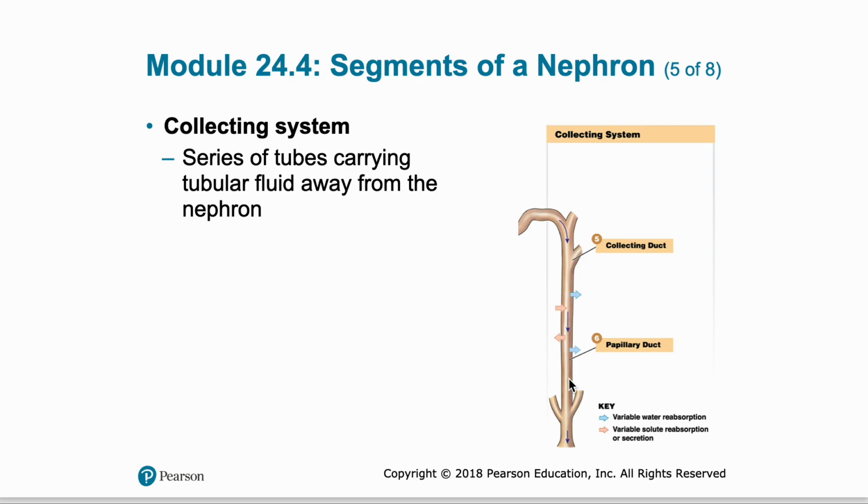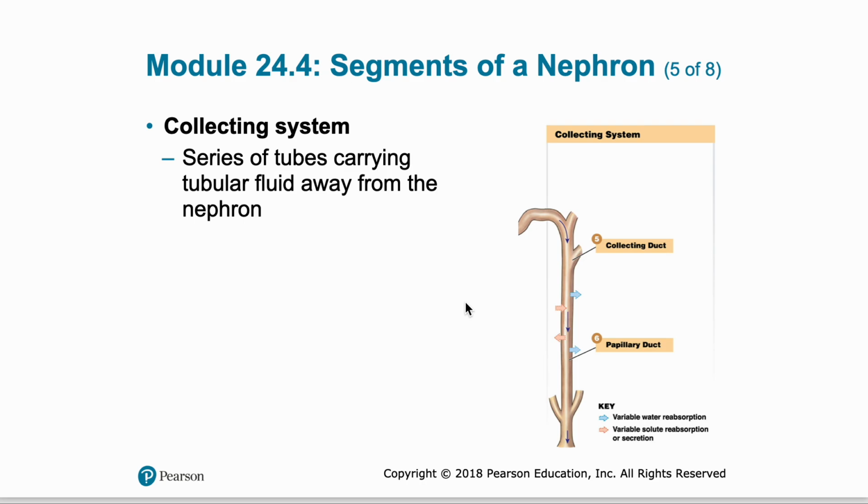The collecting ducts travel through the renal pyramids, and when they reach the papillary part of the pyramid, they become the papillary duct, and then the urine will drain into the minor calyx. And they are capable of adjusting concentrations of water and solutes as well.